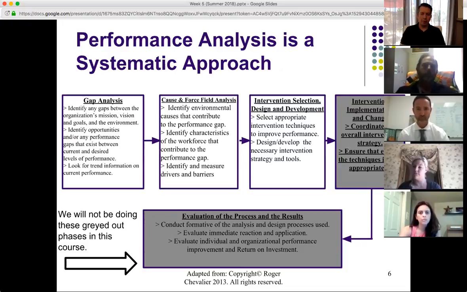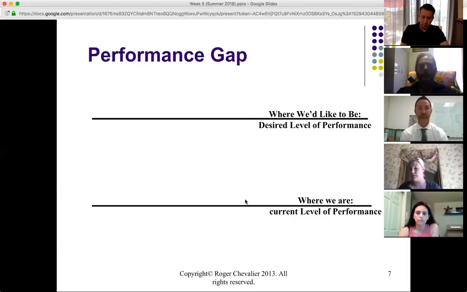And then after you figure out what the causes are, you look into the intervention selection and design and development phase, and that is exactly what it sounds like. That's where you're finding the solutions to the problem, and finally implementation, and then further you're going to evaluate what you implement, and hopefully make changes, and then go ahead and incorporate those changes.